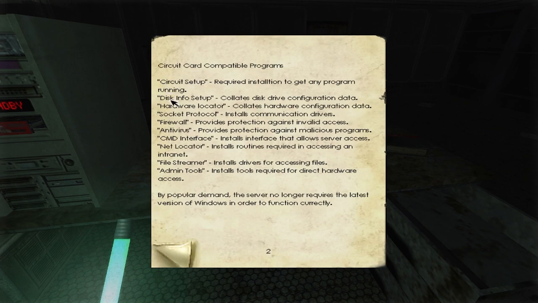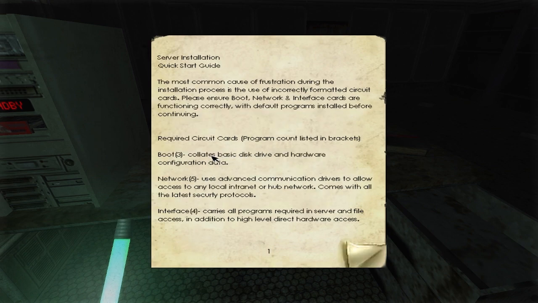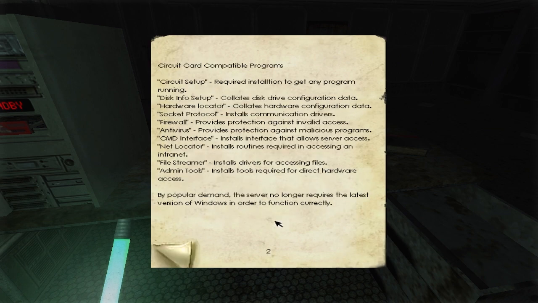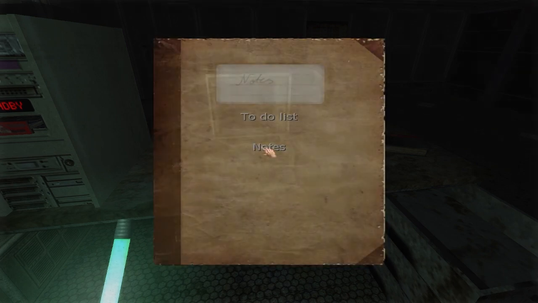So should be disk info setup and hardware locator? If I'm thinking about this right. So disk info and hardware locator.